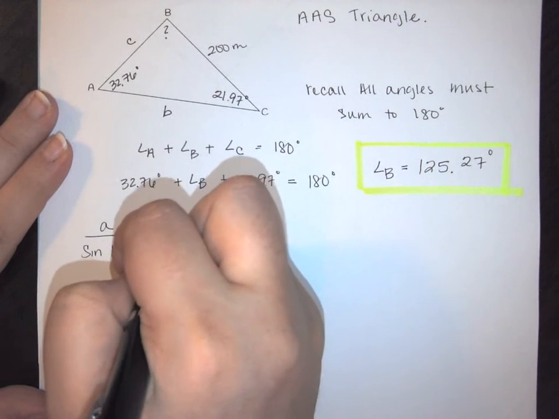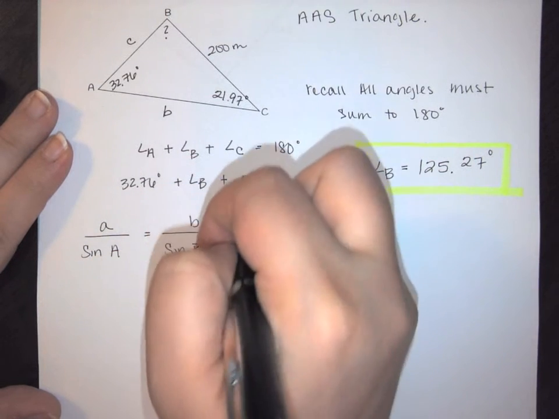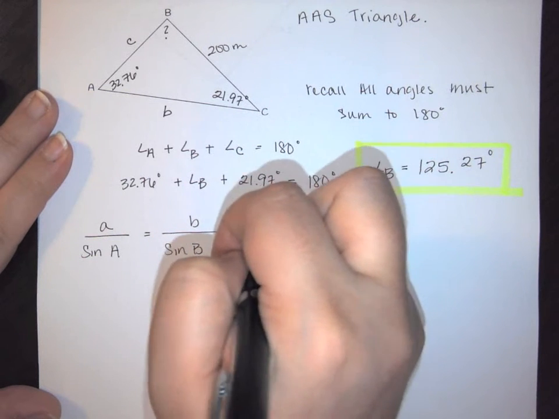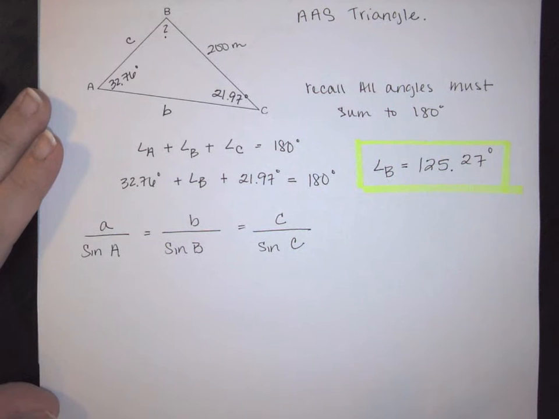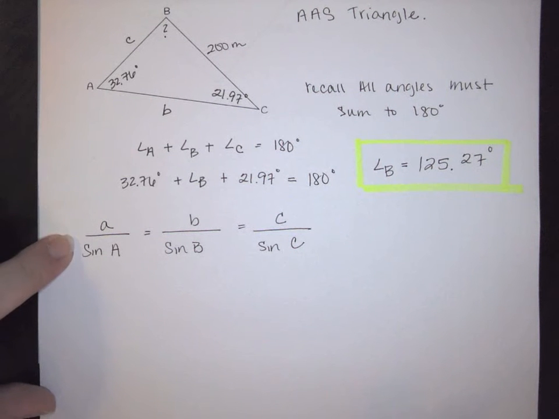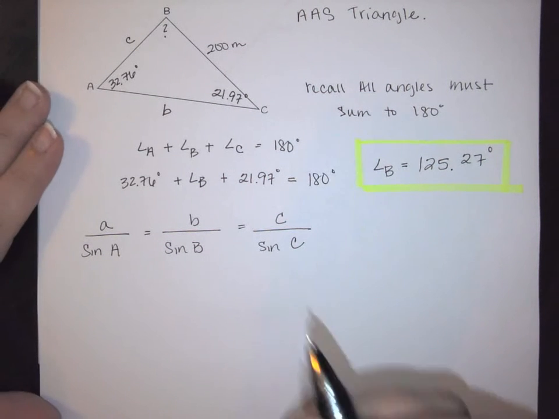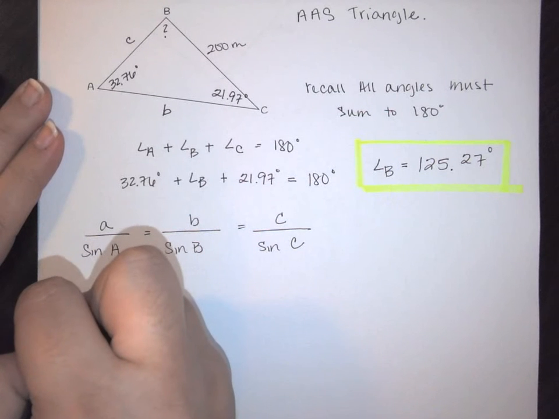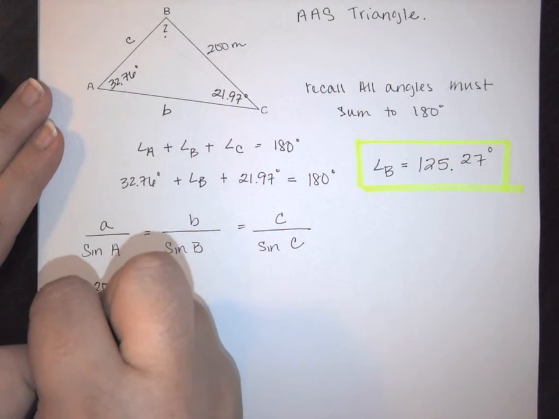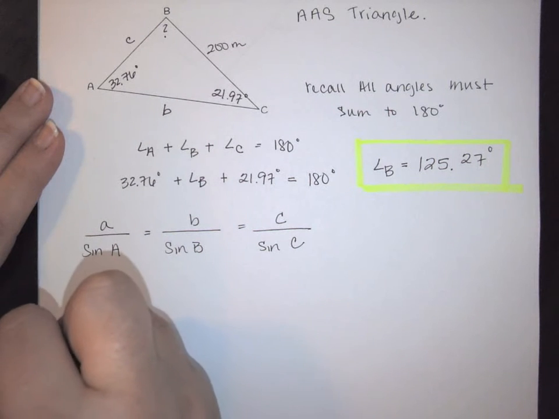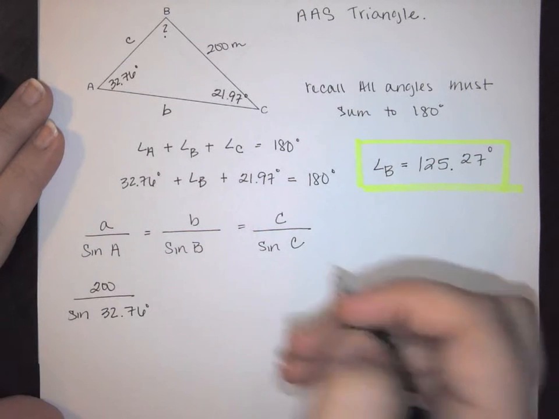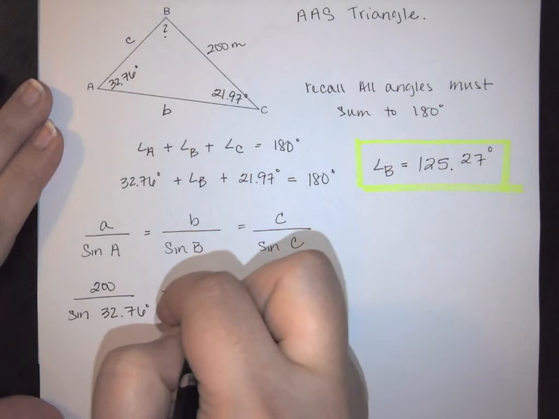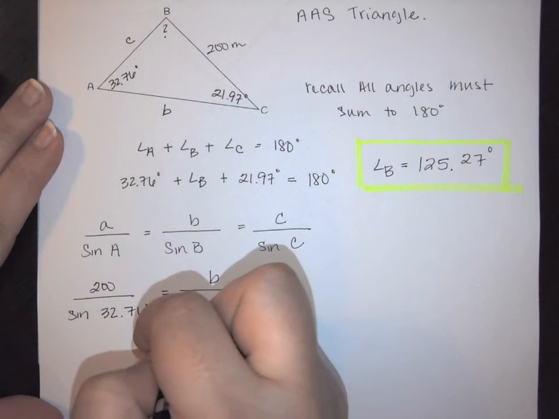I know A, or side A, is 200, and I have the sine of 32.76 degrees. This is going to equal B, which is an unknown, over the sine of 125.27 degrees is equal to the unknown C over the sine of 21.97 degrees.